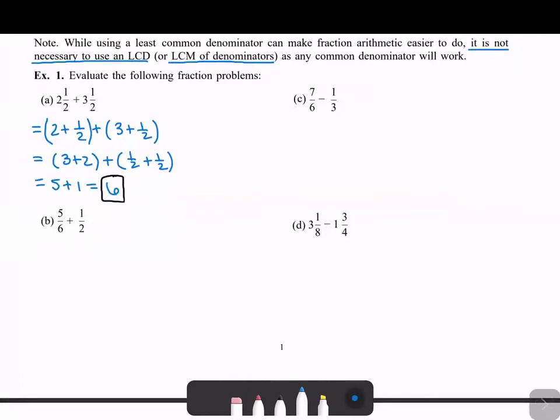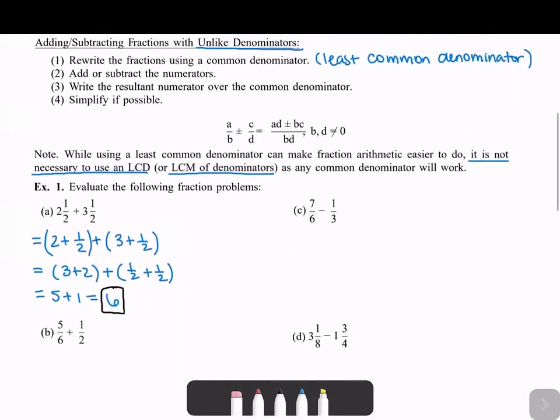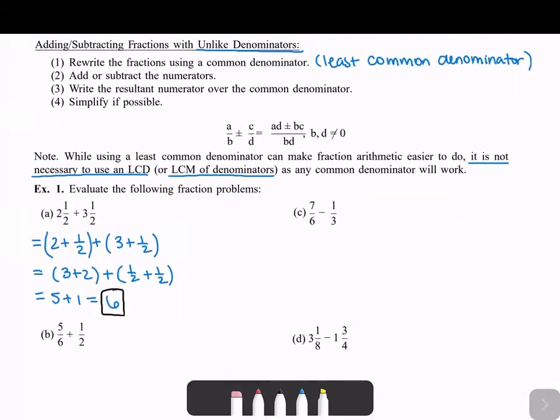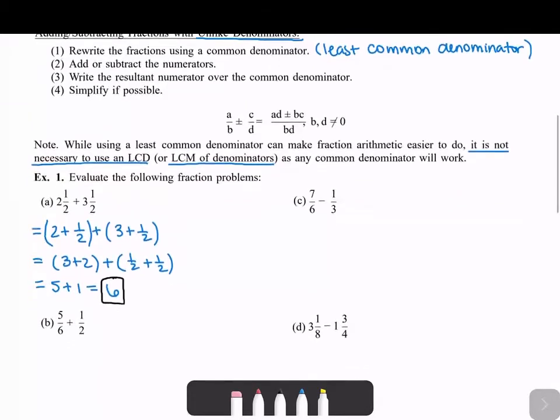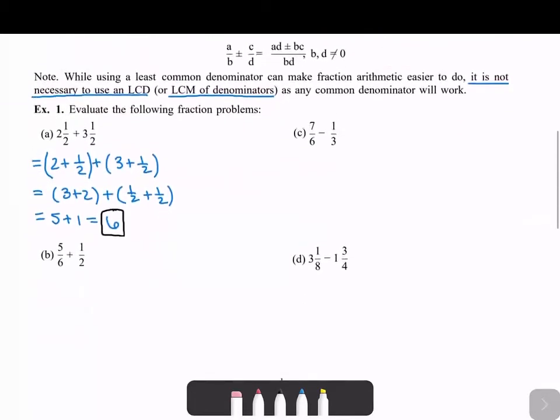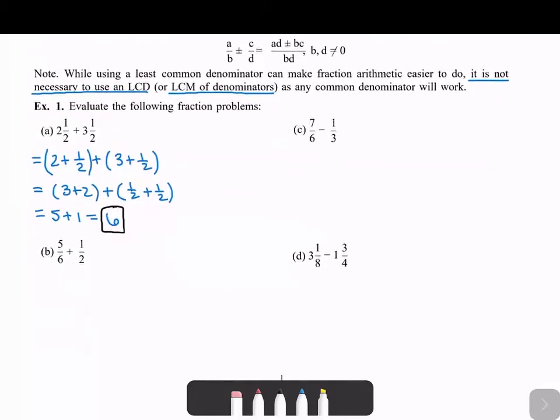When we're doing 5/6 plus a half, these do not have the same denominator. The first step of adding fractions with unlike denominators is rewriting the fractions with a common denominator. In this case, our denominators are 6 and 2. The easiest way, like I said, is to just multiply the denominators, so we can rewrite it with a denominator of 12 by multiplying 6 and 2. But in this case, we know that 2 is a factor of 6 and 6 is a multiple of 2.